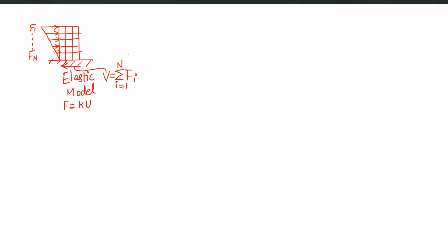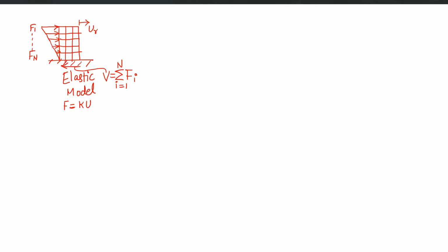If we do this exercise, keeping that pattern constant but applying an increment factor to these forces, the forces start with a very small value and keep increasing, and the roof deflection, let's call it U roof, UR, keeps changing. Let's keep noting that roof displacement.